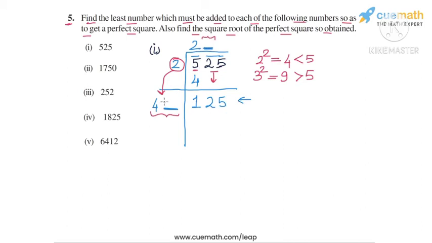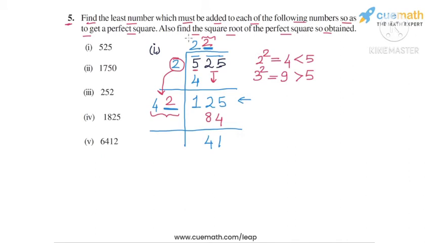That largest possible digit is 2, because 42 into 2 is 84. You can check that if you had taken the next larger digit 3, 43 into 3 would become greater than 125. So you have to take the digit 2. Now if you subtract, you get the remainder 41, and now there are no more digits left in the original number, so the division process stops at this point.